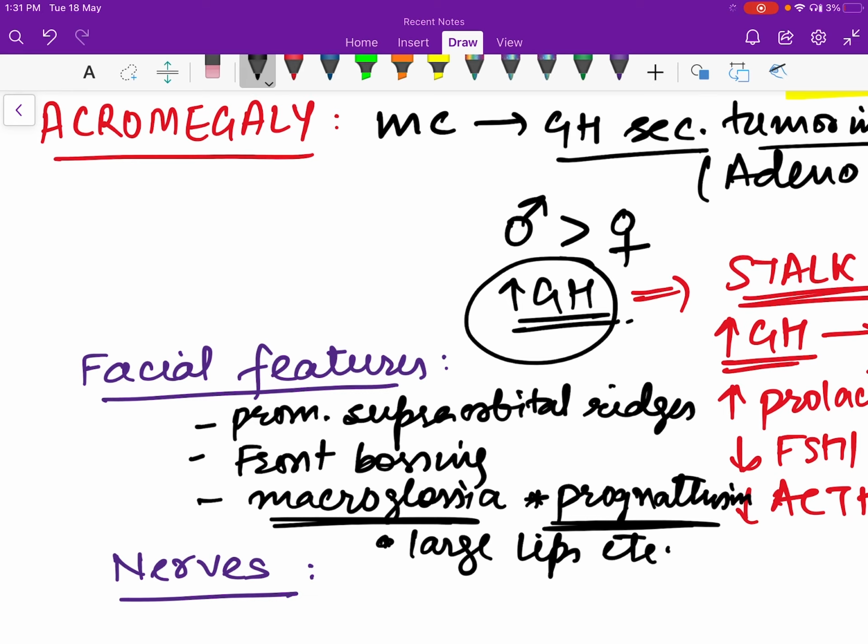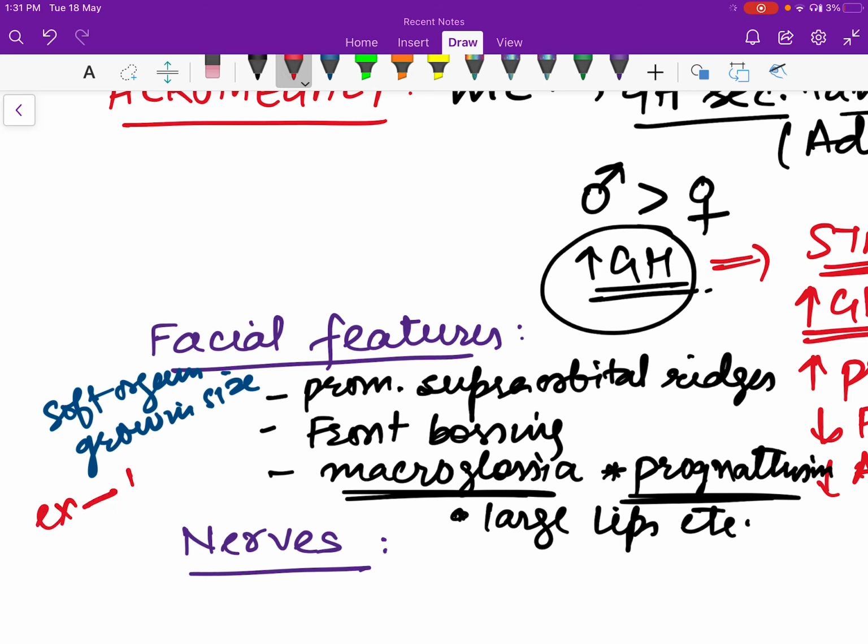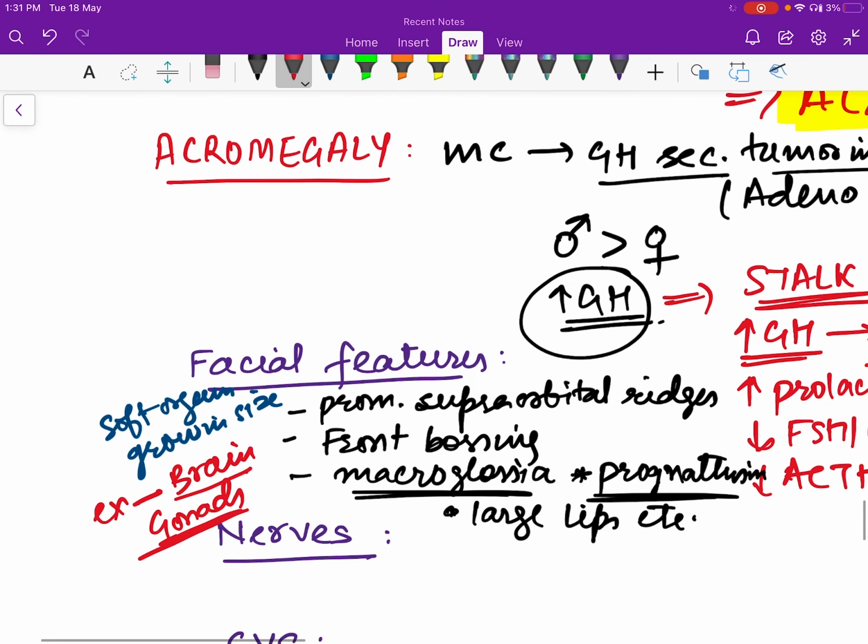So practically all the soft organs of the body grow in size, except, so there are exceptions, first the brain, and other the gonads, because gonads are more responsible to gonadotropins, and the brain grows independent of growth hormone.